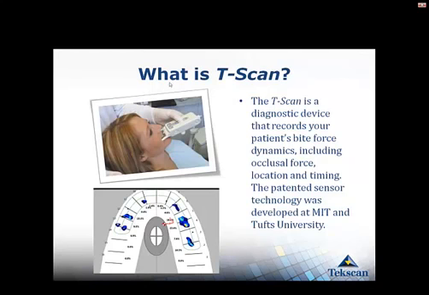So what is TScan? You can see it here on the screen if you haven't seen it in person before. It's a diagnostic device that records your patient's bite force dynamics. So it looks at occlusal force, timing, and location. The sensor that the patient actually bites down on was developed at MIT in Boston and Tufts right here in Boston.